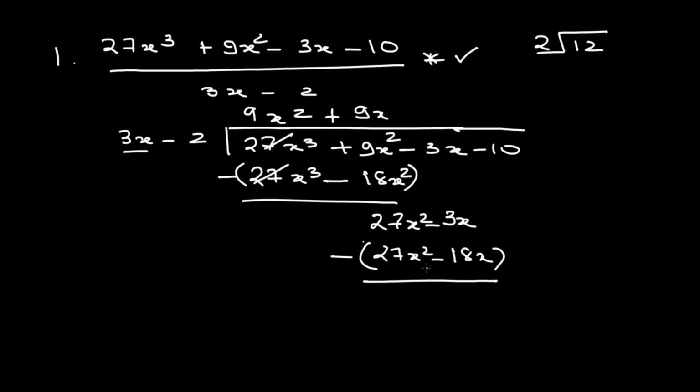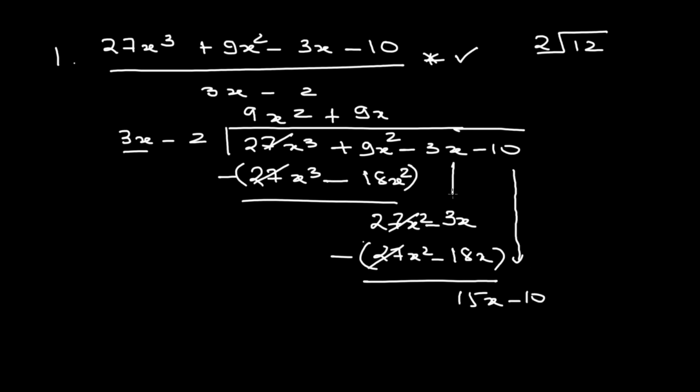These two terms cancel out, minus 3x, and then this negative and that negative make a plus. So I have 18x minus 3, which is 15x. Then again, I just quickly bring this down, minus 10.